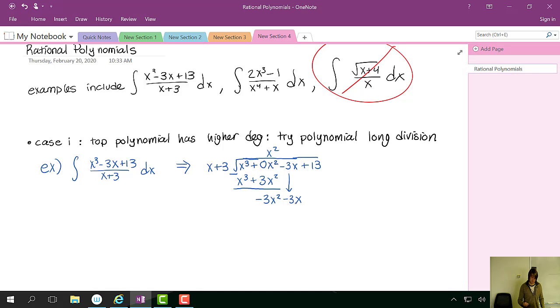Cool, what should our next multiplier be? Right, negative 3x. This times this. Minus 9x. Subtract, and we get what? 0. And then, let's see, minus negative 9. So plus 9 minus 3. 6.